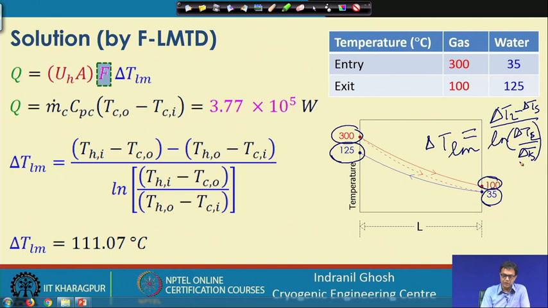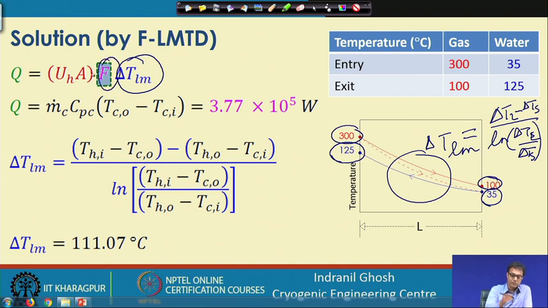This we have already learned, and here we know all the exit temperatures, but this is for a counter current configuration. Our heat exchanger configuration is basically a cross flow exchanger. So, we cannot directly use delta T log mean, we have to multiply it with the correction factor F.